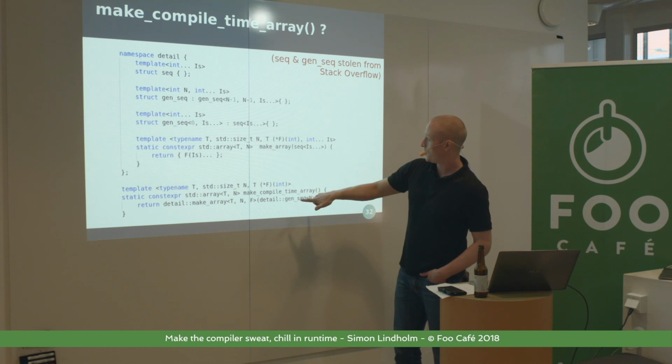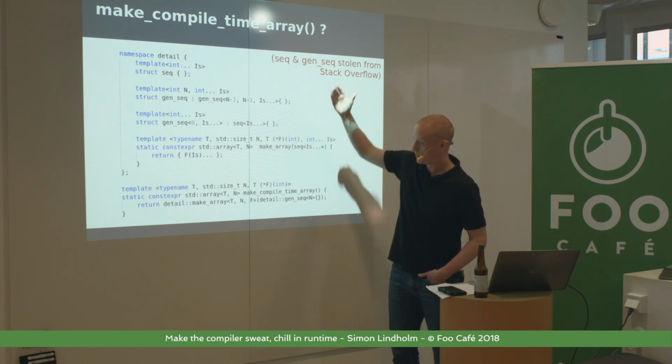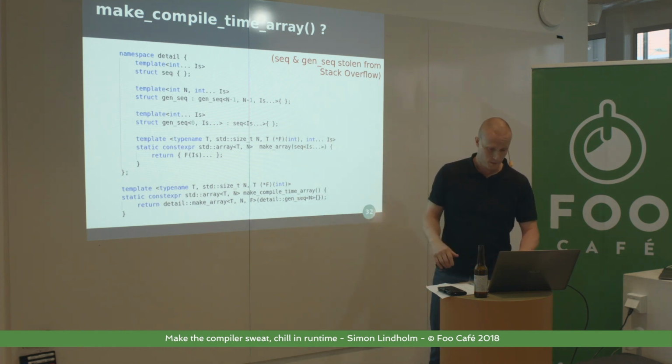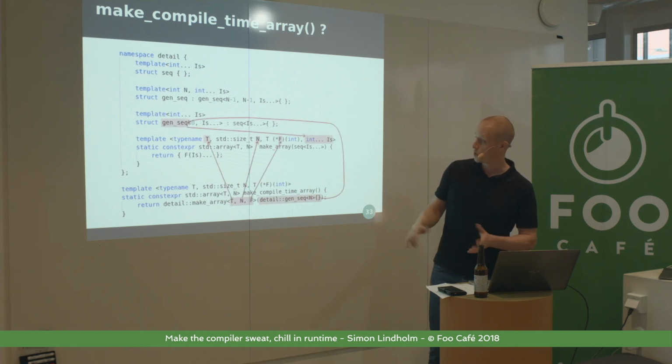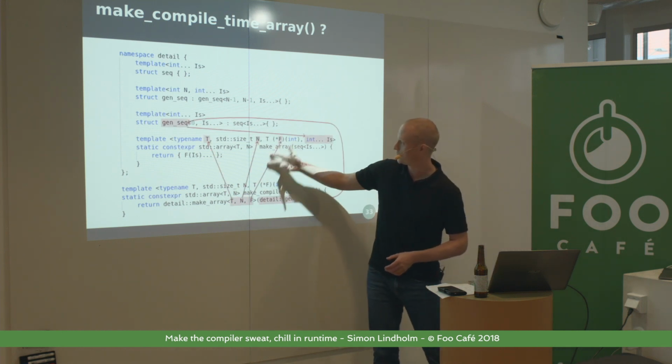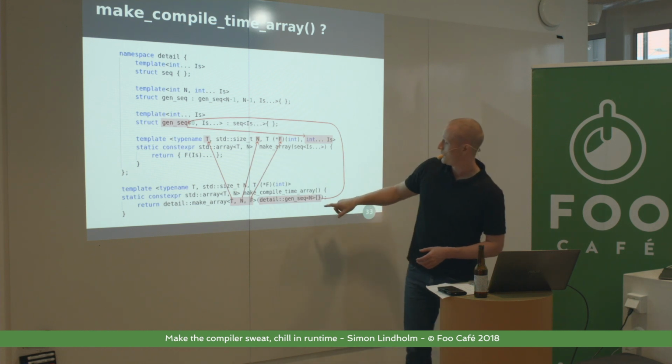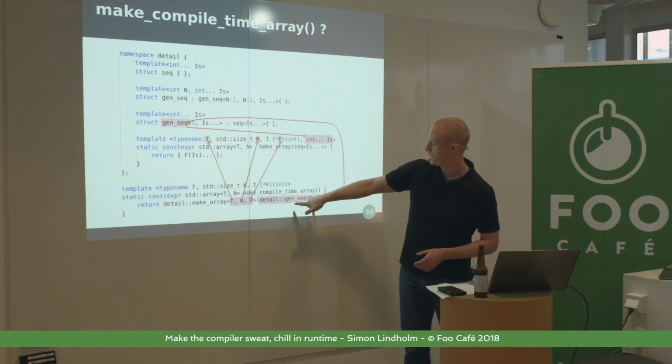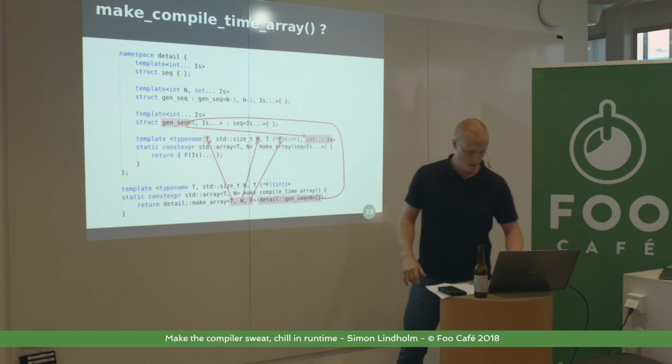And then it goes through this stuff, and it will magically generate a table. And just to show how this works, this is just to show that these are the same types. And here you call this sort of magic gen sequence, which is this one.